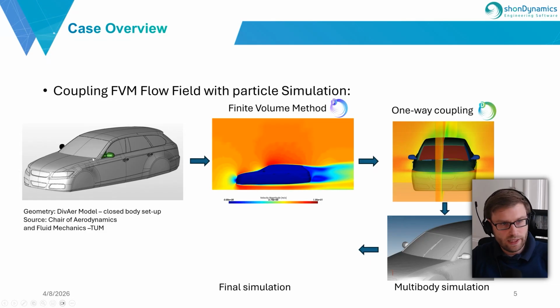The driver model doesn't come with wipers, so we also modeled simple wiper geometries on the windshield. This is always a little bit of a disadvantage of being a software company.